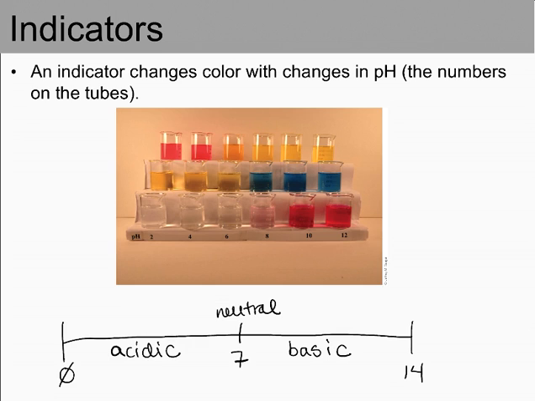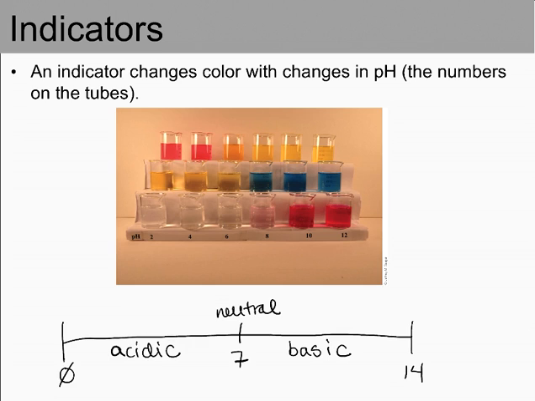Now, sometimes we'll add room for error, right? So water naturally has some ions floating around in it. And in particular, things like fluoride ions are added to water to help with the health of your teeth, for instance.